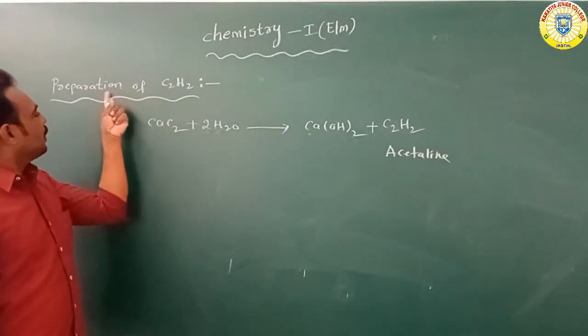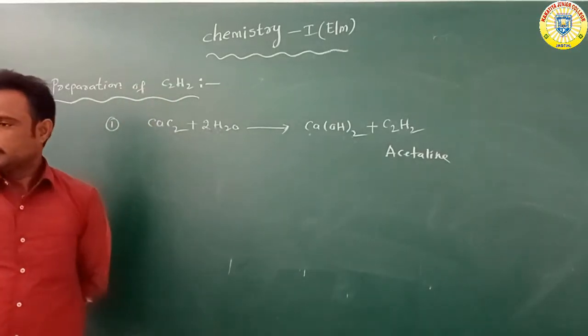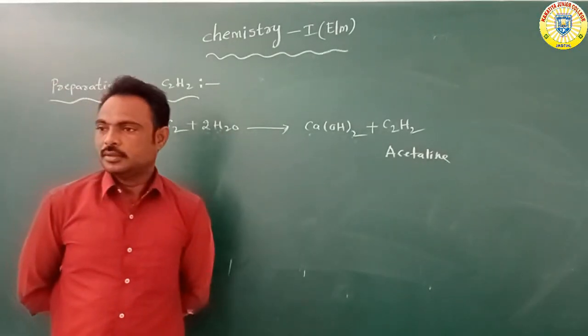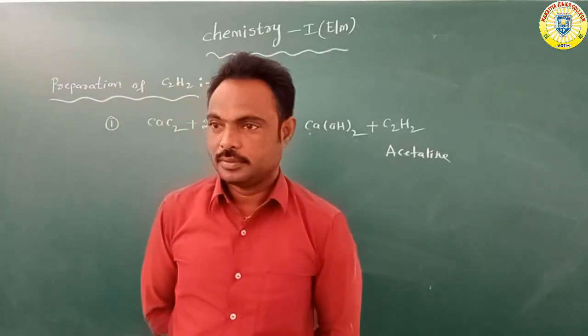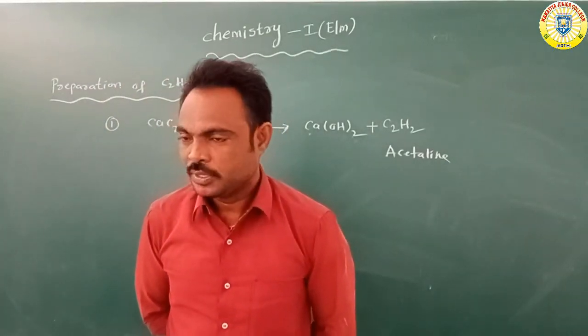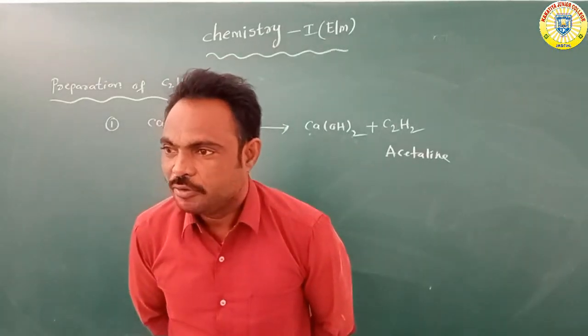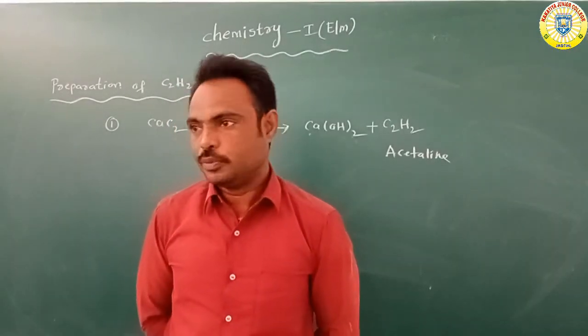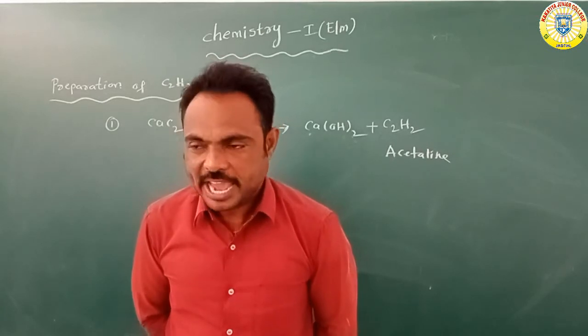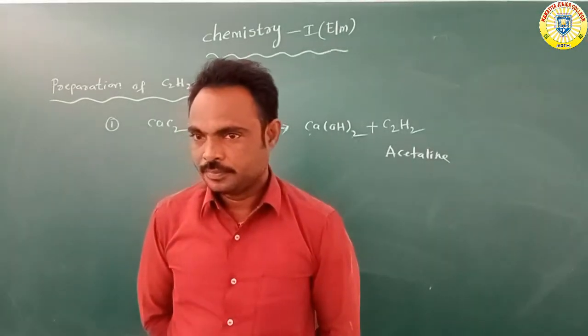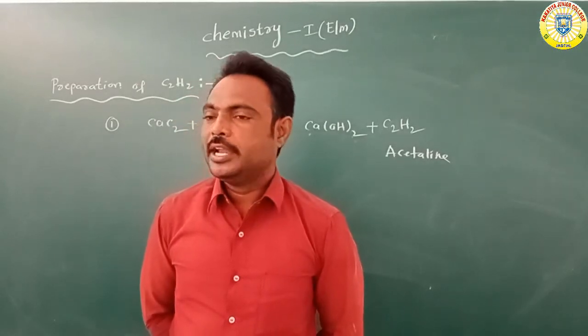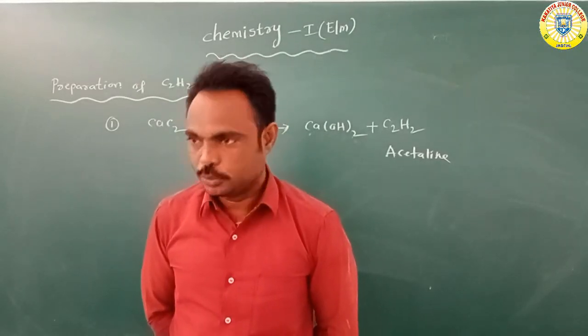Okay. So preparation of C2H2. How is it prepared? Suppose, for example, we have taken calcium carbide, CaC2. When it reacts with the water molecules, H2O, to form in this reaction calcium hydroxide, and next C2H2.